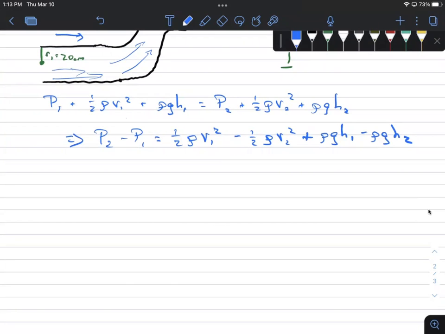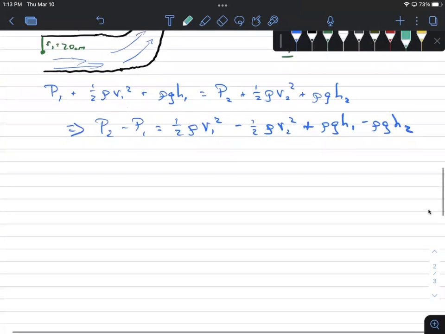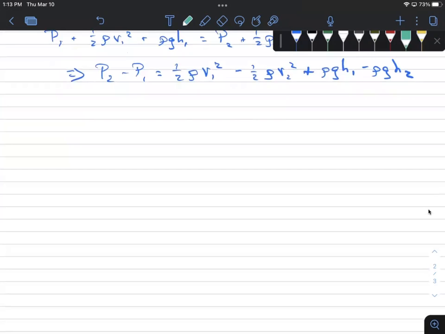Now, before I do it, I will show you, you may see it written in a more fancy way sometimes when people want to make you think they're masters of algebra. They'll actually write it like this. Notice this term and this term are the same, except one has V1 and one has V2. So they'll call it 1/2 times rho times V1 squared minus V2 squared. And then the rho G H terms, notice rho and G are the same for those two.